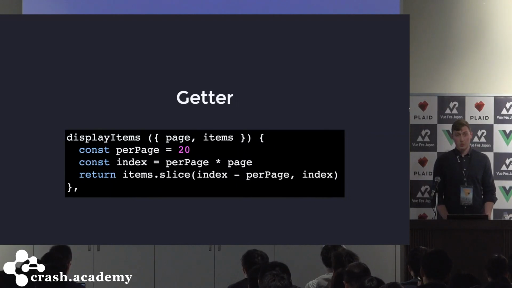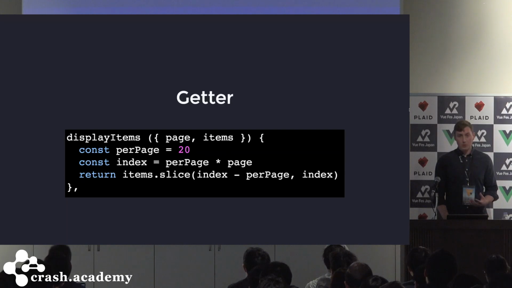So the next part of the store you write tests for would be getters. And in the Vuex store that we're testing, there's a display items getter. So this display items getter uses the current page value from the state and the items that have been added to the state by the set items mutation, and then calculates the range of items that should be rendered.